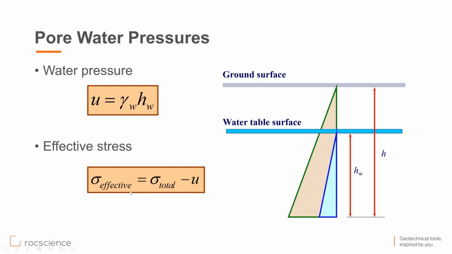The importance of this sigma effective is that it appears in most of the formulations we have in calculations of shear stress. So if your pore water pressure increases, your effective stress is going to be reduced, and in a sense you're losing your shear strength and you will end up with lower factors of safety in your problems.